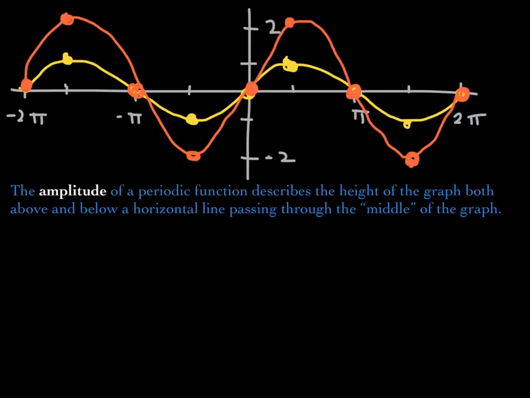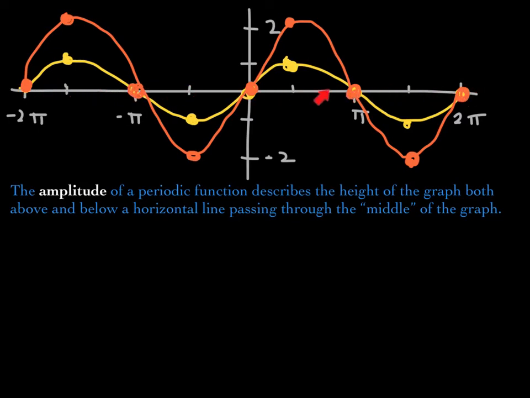The amplitude, so here's a definition. The amplitude of a periodic function describes the height of the graph, both above and below a horizontal line passing through the middle of the graph. So here, the line that's going right through the middle of the graph happens to be the x-axis. The x-axis is cutting this graph in half, if you will.